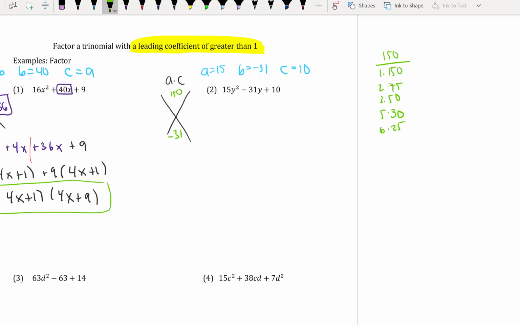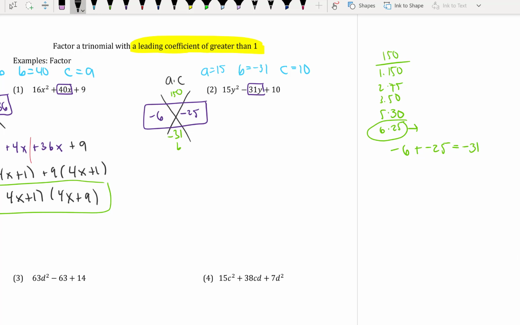That is equal to 31. So this combination will work if I have a negative 6 plus a negative 25. A negative 6 plus a negative 25 is equal to a negative 31, which is exactly what I want for that b value. So I know that I have a negative 6 and a negative 25 that's going to be replacing that b value.